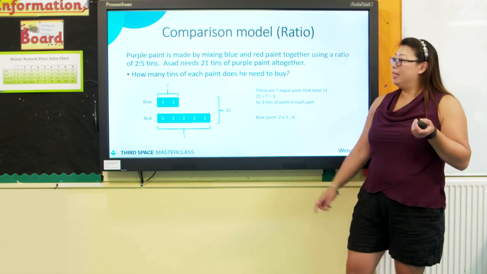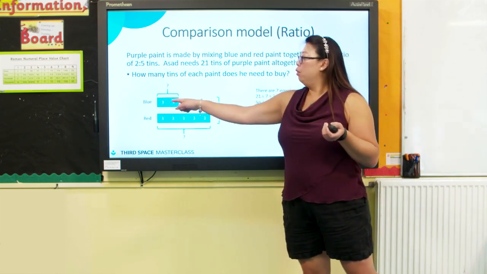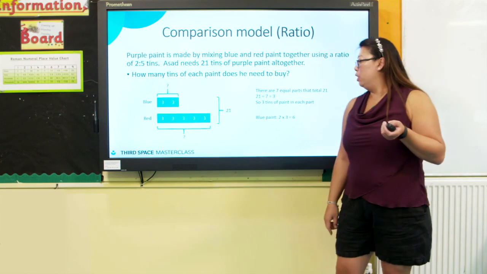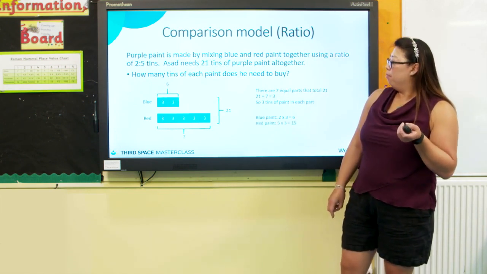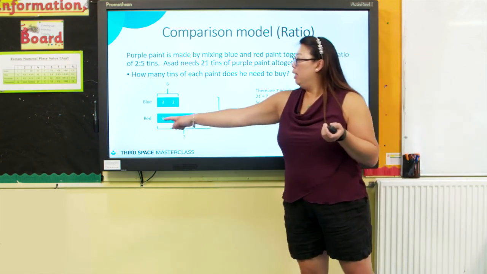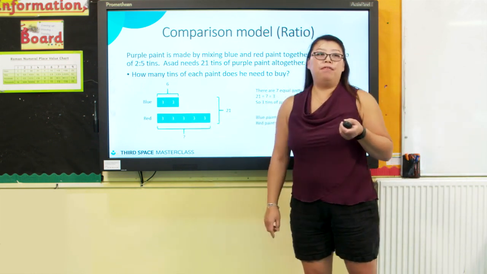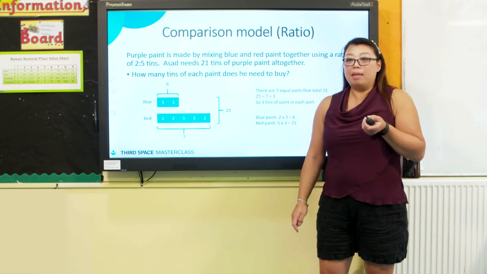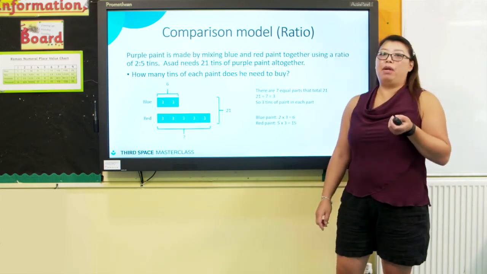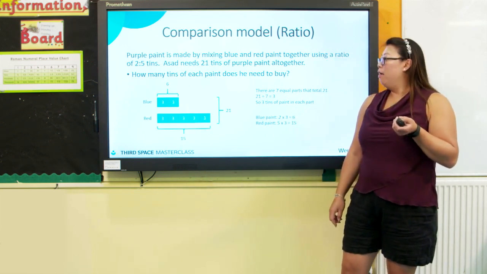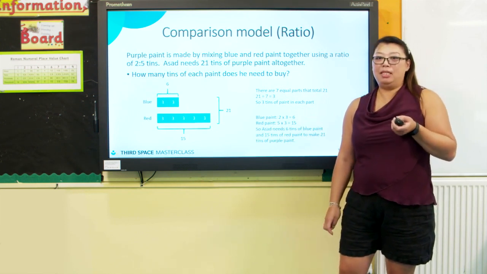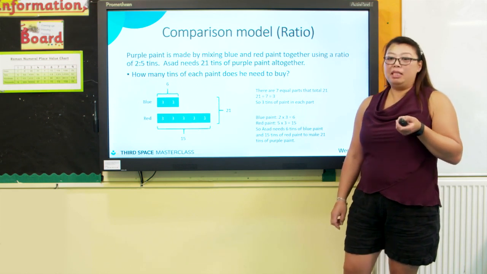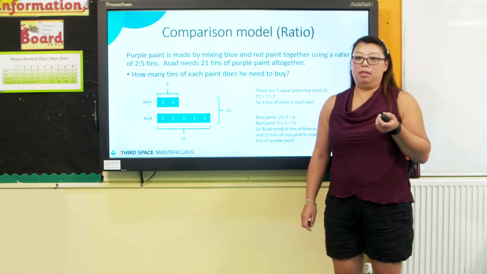Okay, the blue paint, we can now work out, is 2 lots of 3 tins, which is 6 tins of paint. So he needs 6 tins of blue paint, and similarly 1, 2, 3, 4, 5 lots of 3 tins of red paint is 15 tins of red paint. So Asad needs 6 tins of blue paint and 15 tins of red paint to make 21 tins of purple paint.